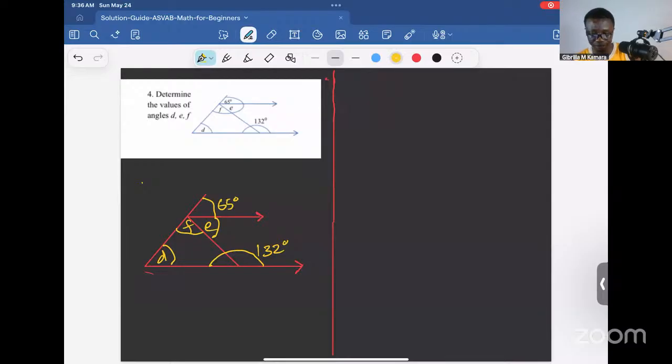So with that, let's see how we can calculate now. Let's see how we can calculate D, E, and F.